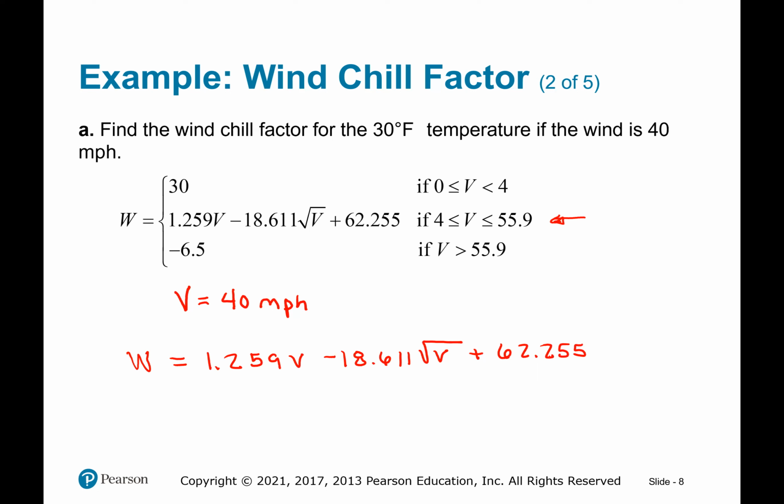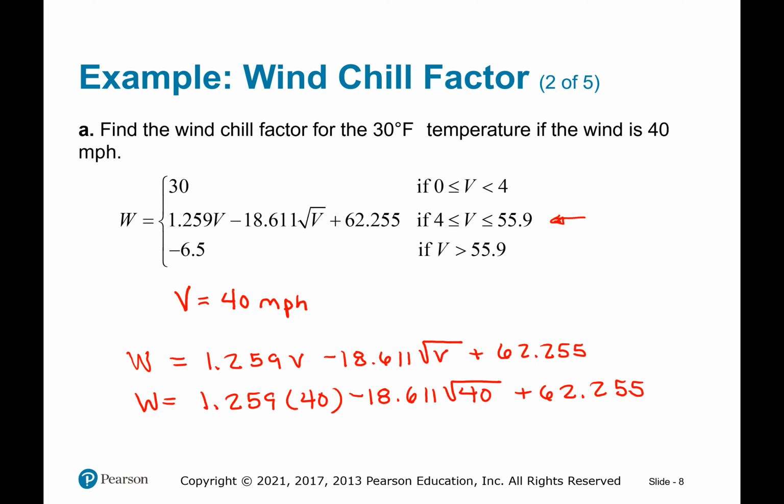So I'm going to plug in 40 for my velocity. So my wind chill factor is going to be 1.259 times 40 minus 18.611 times the square root of 40 plus 62.255.